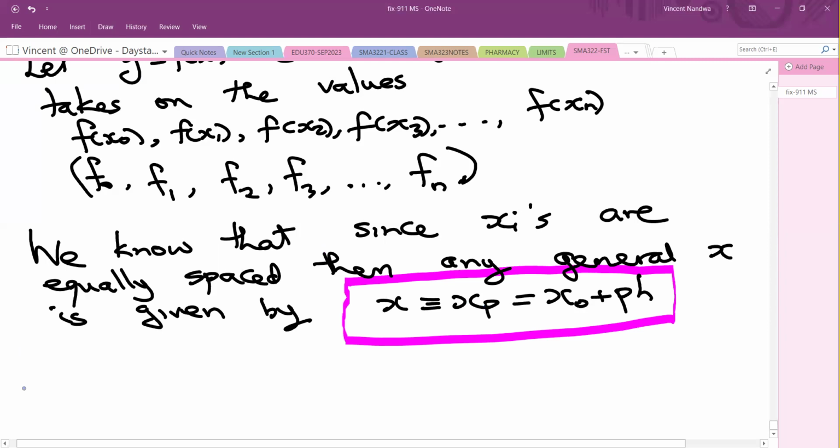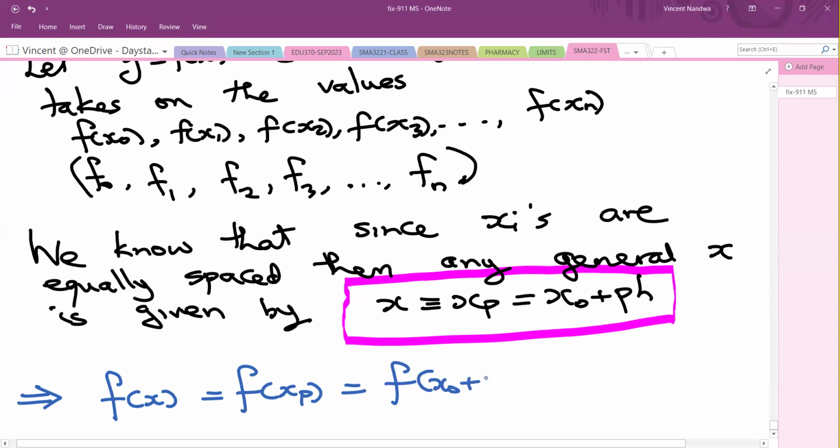Which means that the function f of x can be written as f of x_p, which is the same as f of x naught plus ph.